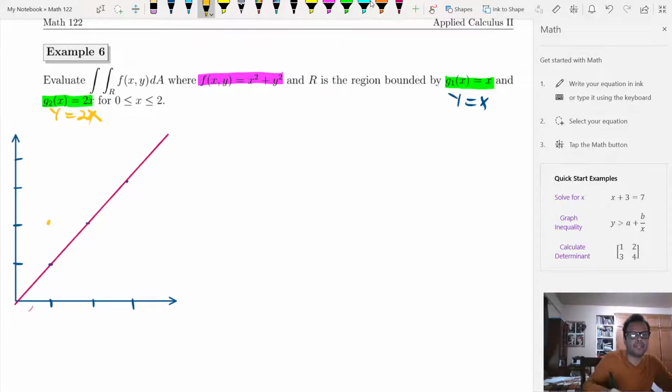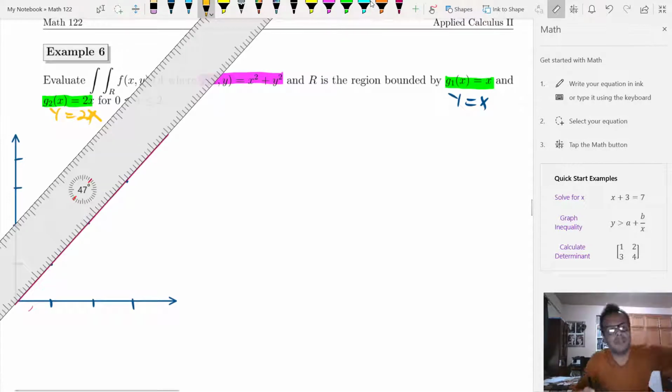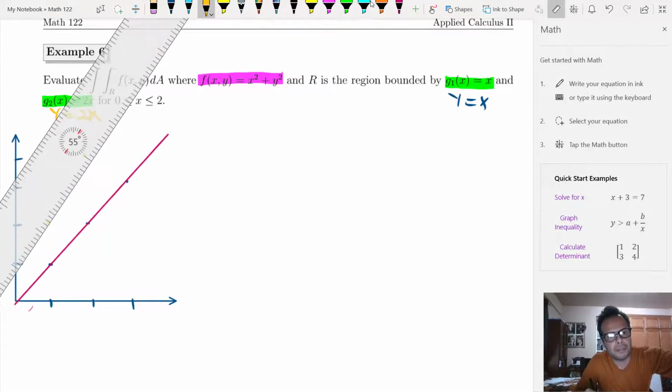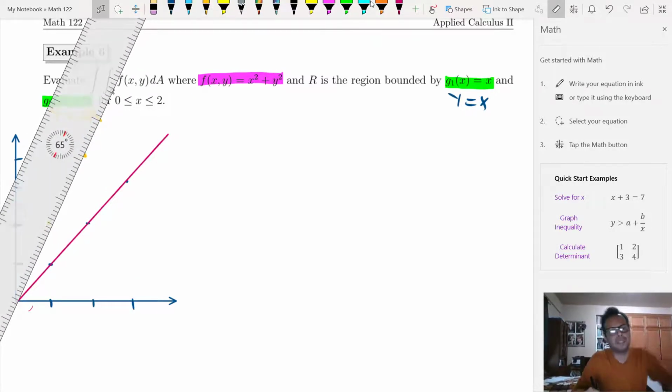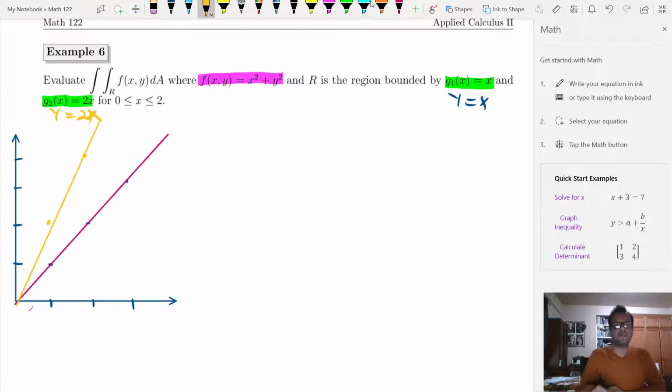If I plug in 2, I get 4. Okay, so I'm going to use the ruler again, and I'm going to twist this. And this is what I'll get. So that's the region over which we will integrate.